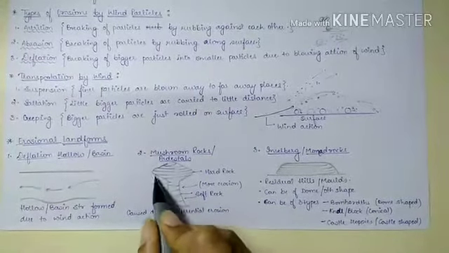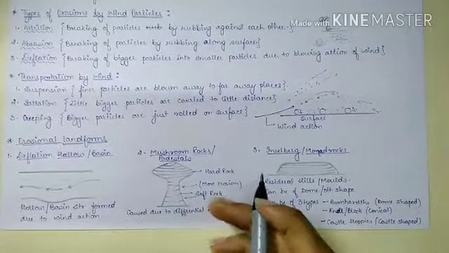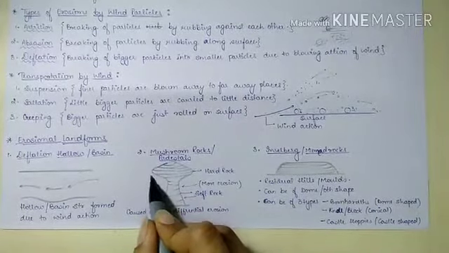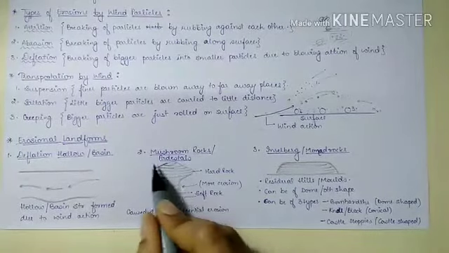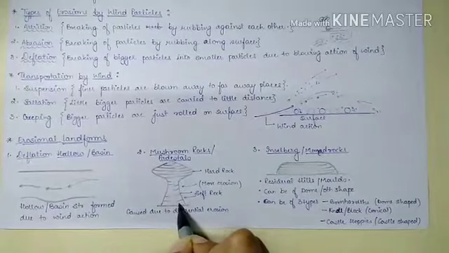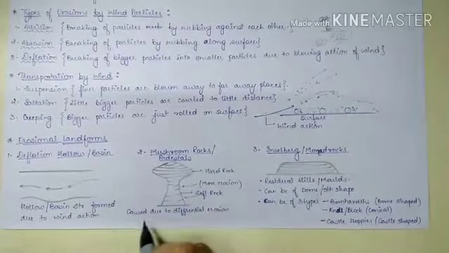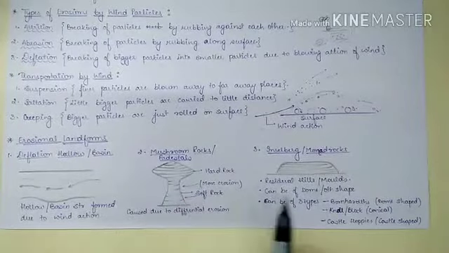So in this one, harder rock is above the softer rock, because of which the softer rock gets eroded faster and the harder rock is placed like a tabletop on the softer rock. Okay, so it forms a mushroom shaped structure, and this is known as mushroom rock.